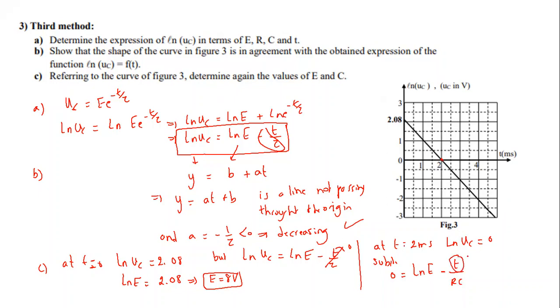Now this is 2 times 10 to the power minus 3 seconds. We have R, and then we still have to find C. This means we can find C equals 0.96 times 10 to the power minus 6 farad, by just doing the substitution.